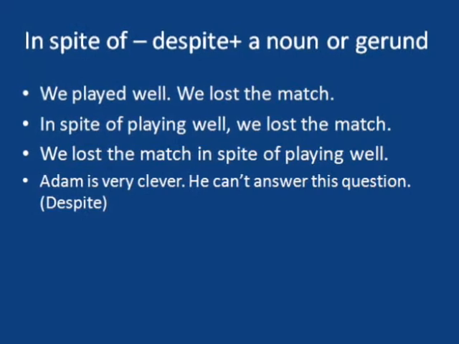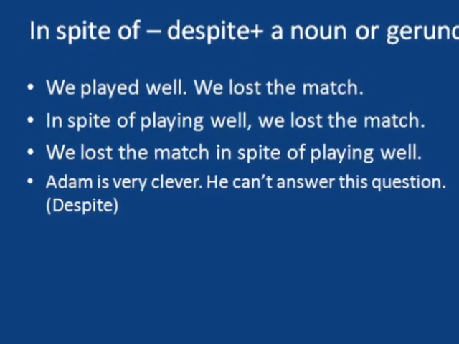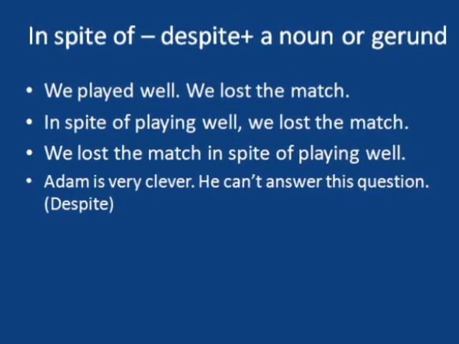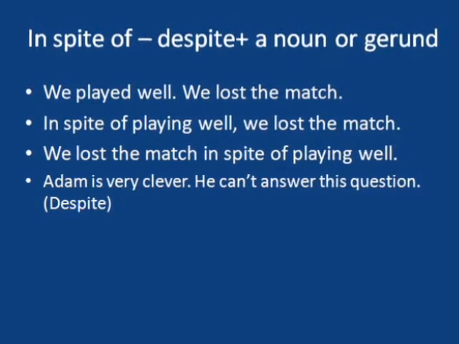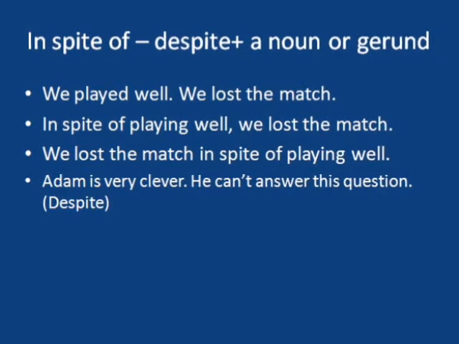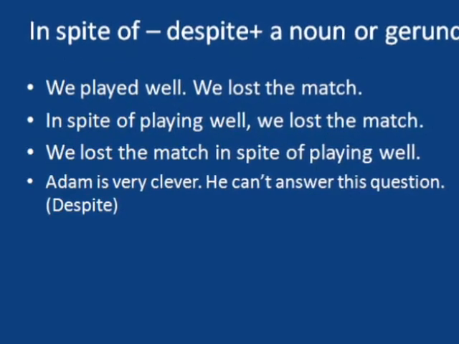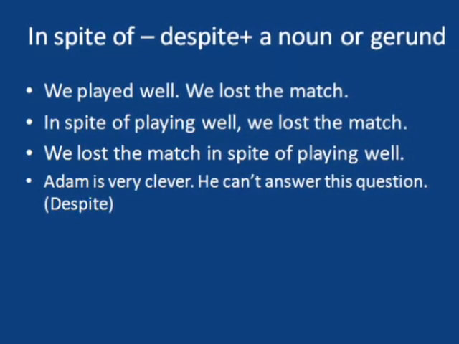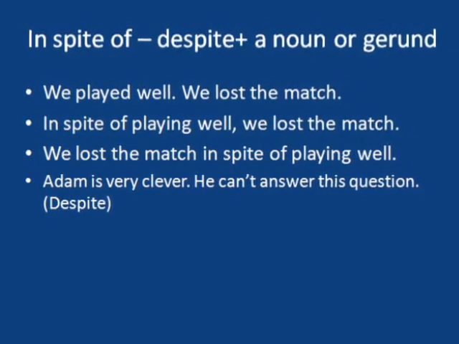Okay, let's look at this example here. Adam is very clever. He can't answer this question. We want to join these two sentences using the word despite. I give you 5 seconds to think of the answer.